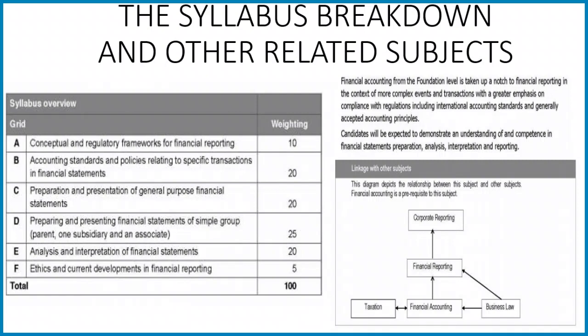So it's important that we are well grounded in taxation of our country, business law in our country, financial accounting in our country. Then we can now be talking about standards and regulations in preparing, interpreting, analyzing, and reporting financials. Then we will be talking about this particular subject, financial reporting.